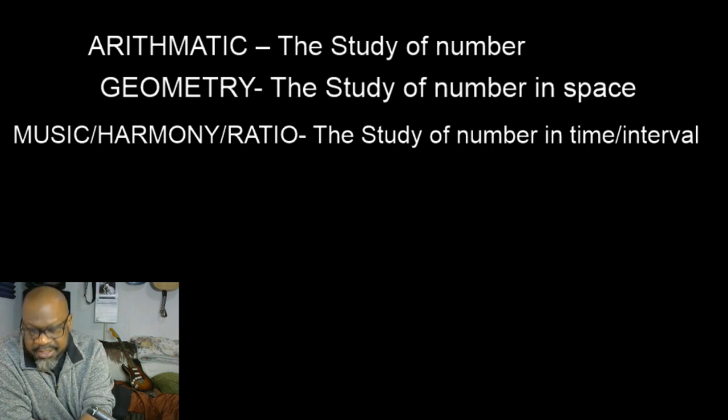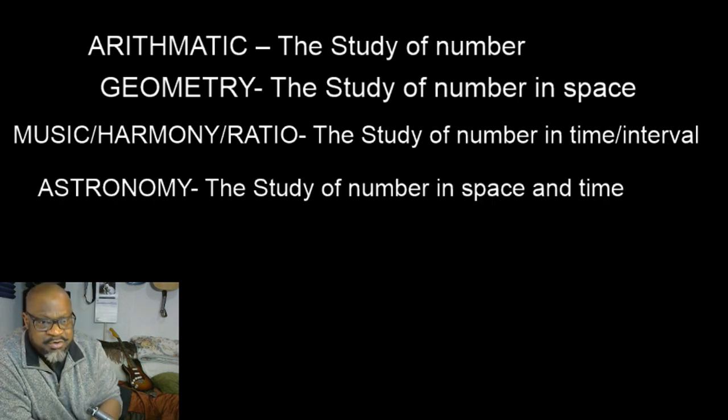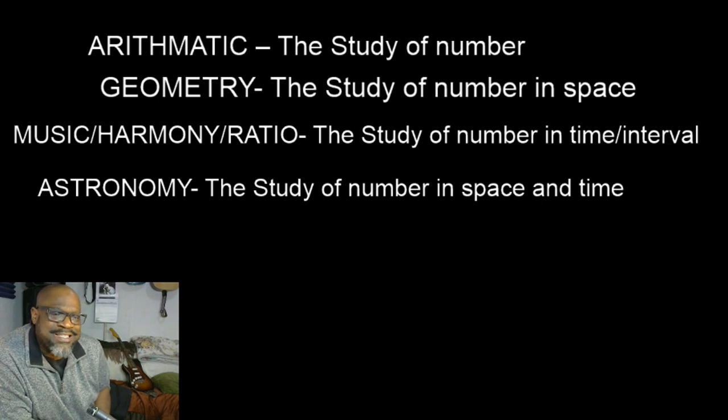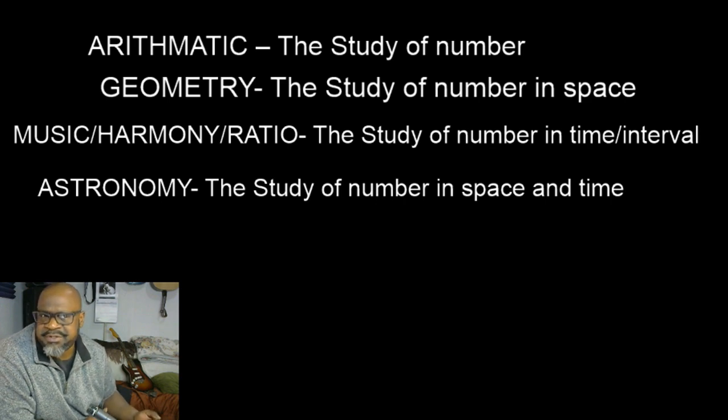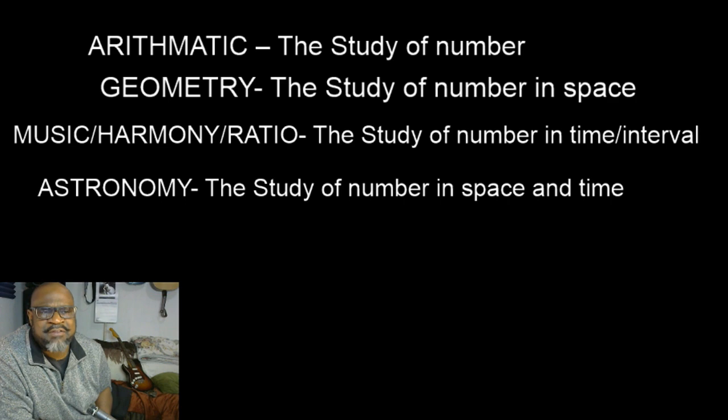And our last subject of the quadrivium is astronomy, which is the study of number in space and time. So we have the study of number in space, we have the study of number in time, and then ultimately the study of number in space and time.